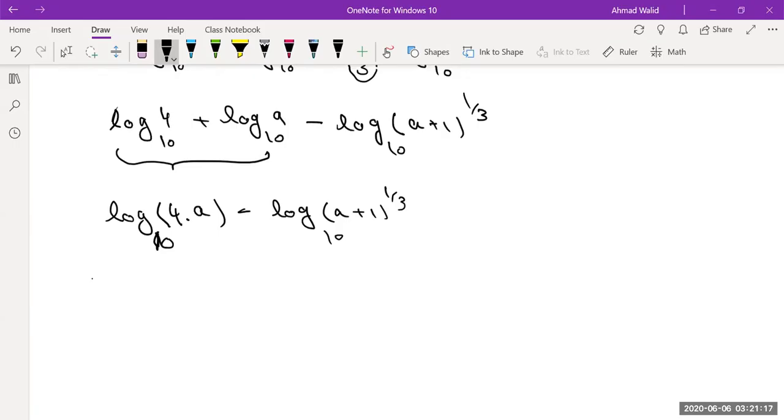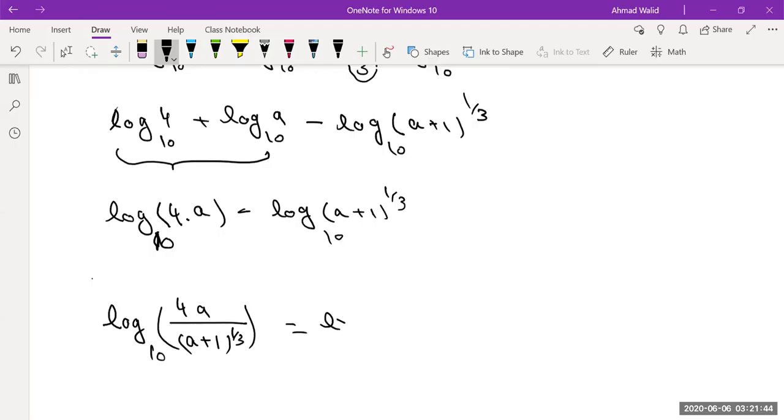If I want to write as one single logarithm, it becomes a quotient: log of 4a over (a plus 1) to the power of 1/3 base 10. One more step, you can change this power to radical notation.